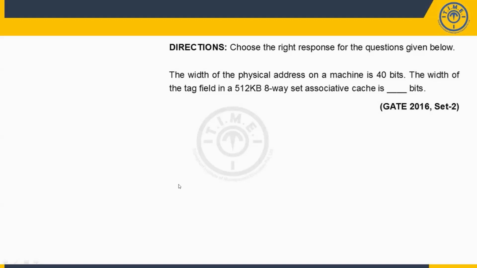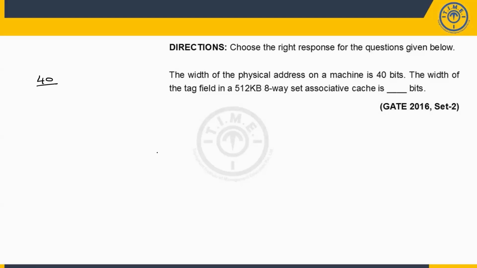The cache size is 512 KB and the address width is 40 bits. 512 KB meaning 19. It cannot be 21, it is more than 21 because the width is 40 bits. 40 will be divided into 512 KB. It is 8-way set associative, so we need to add 3 bits to the tag size.